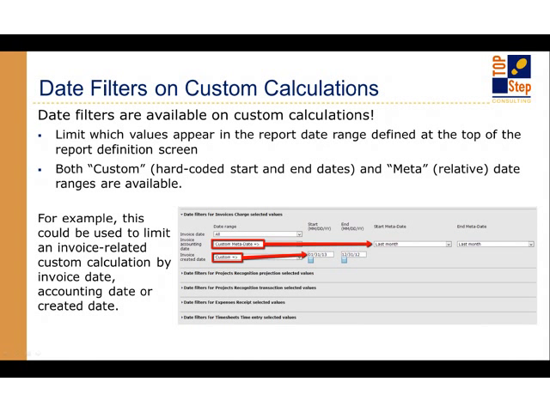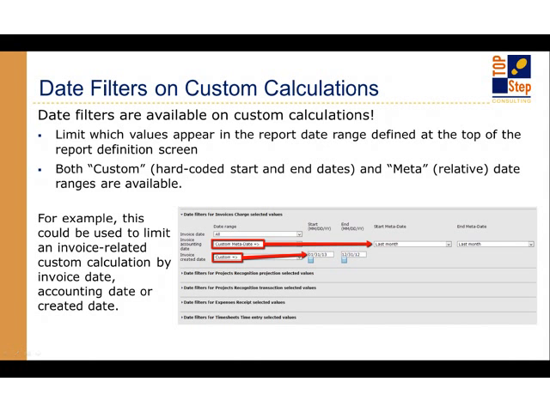In this case, it's using the invoice accounting date between last month and last month, which would be just all of last month. Or alternatively, we could filter on the invoice created date or the invoice date itself here. That's basically in a nutshell what it does.